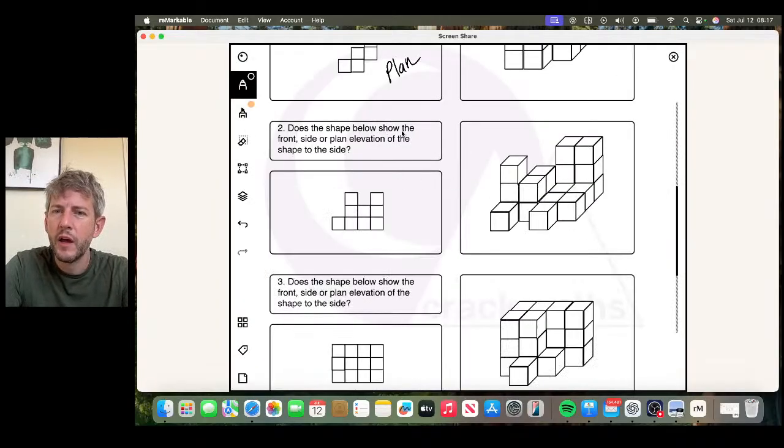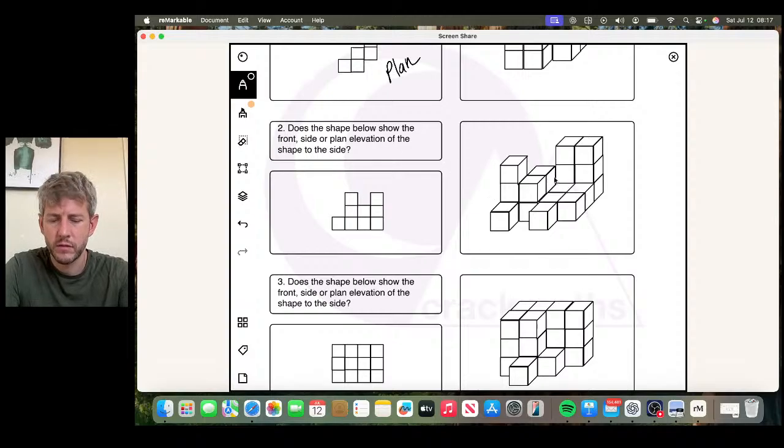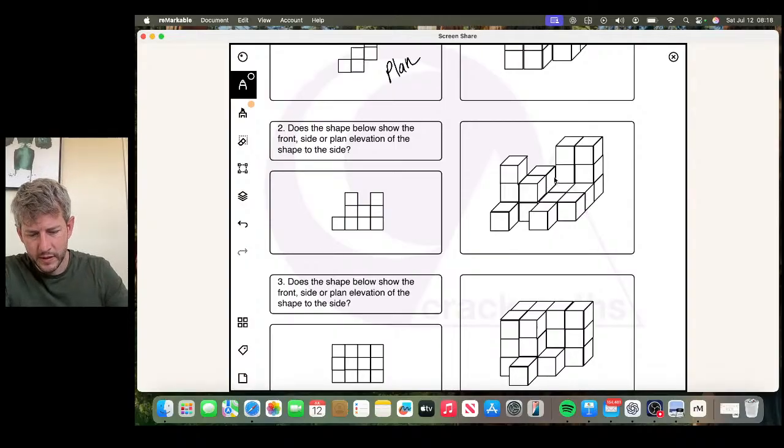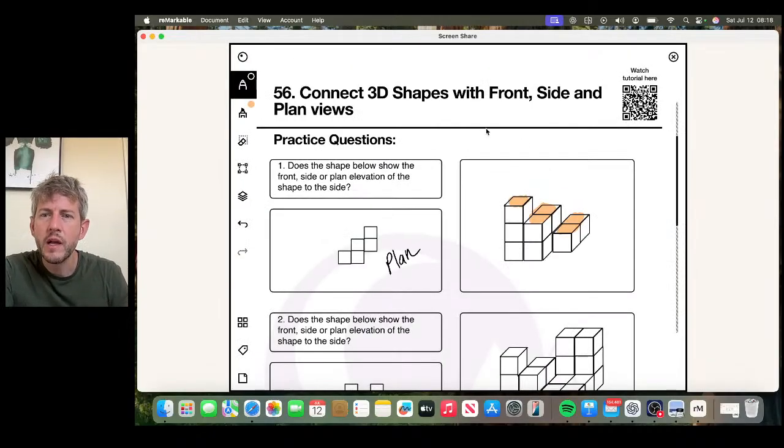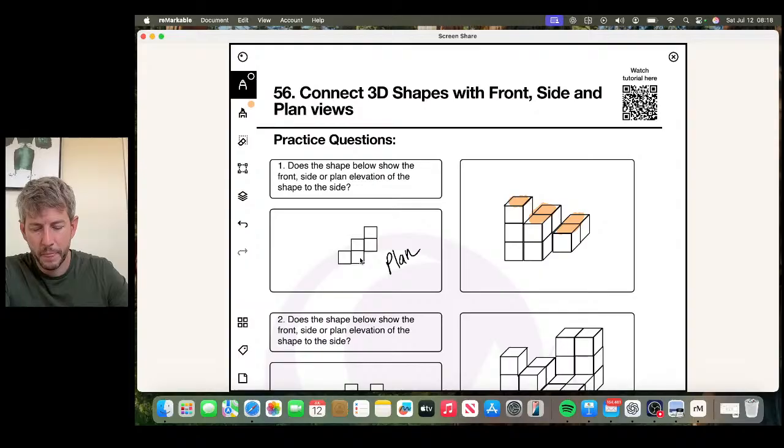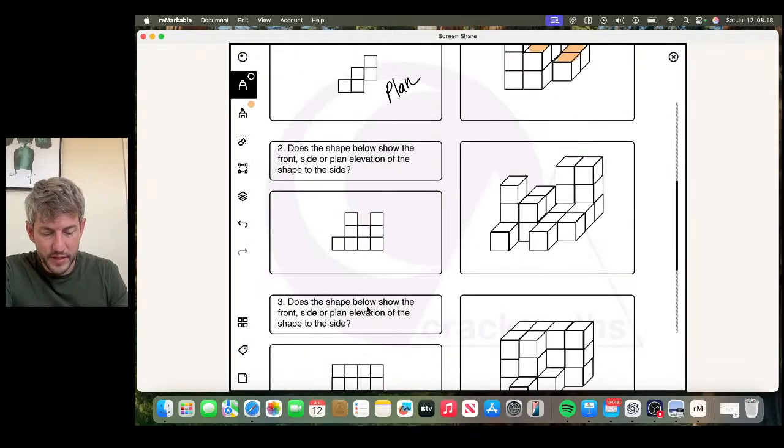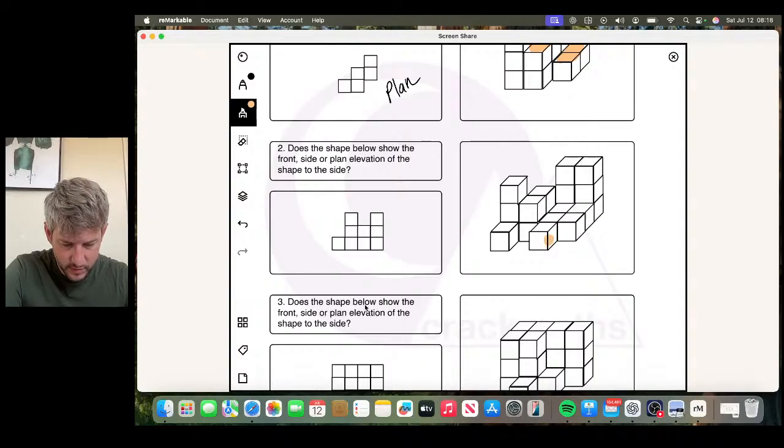Does the shape below show the front, side, or plan elevation of the shape to the side? Yep, that's the plan. This one here is the side. So it's these ones.